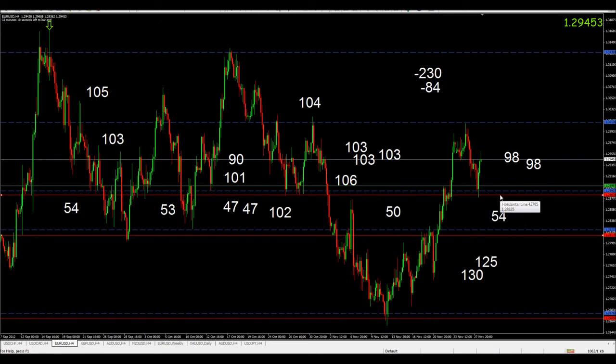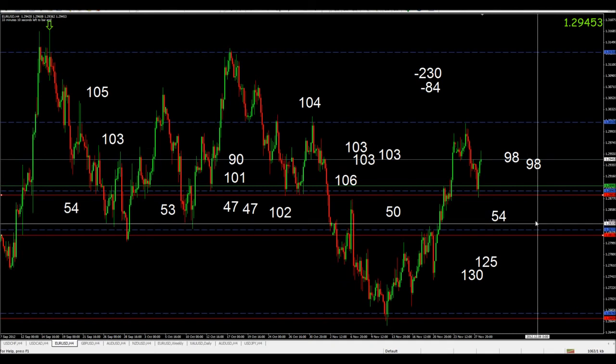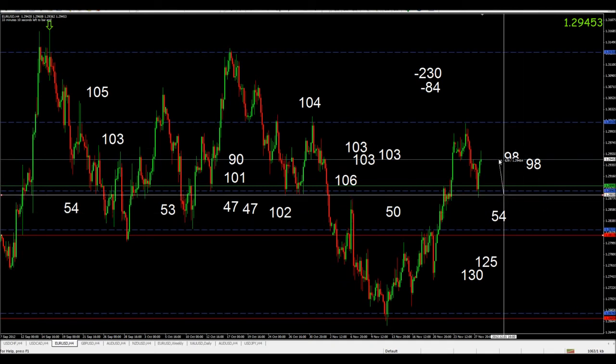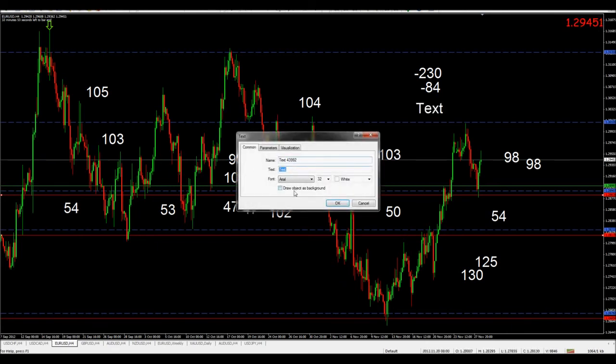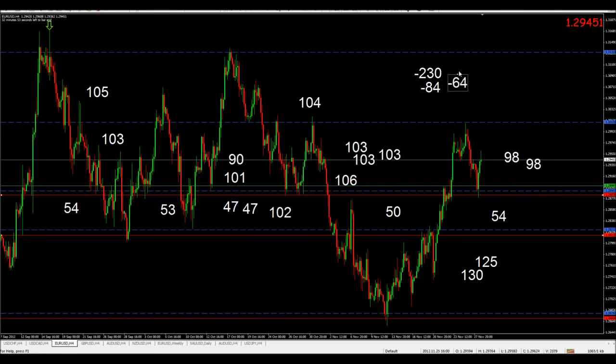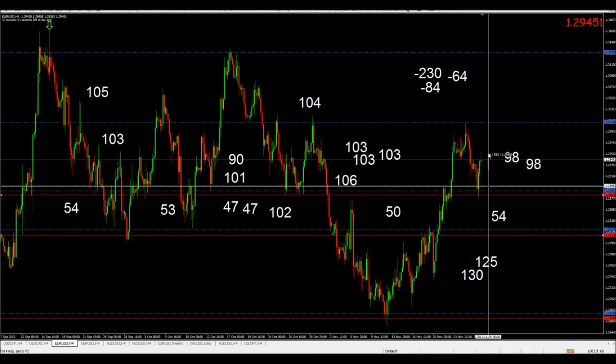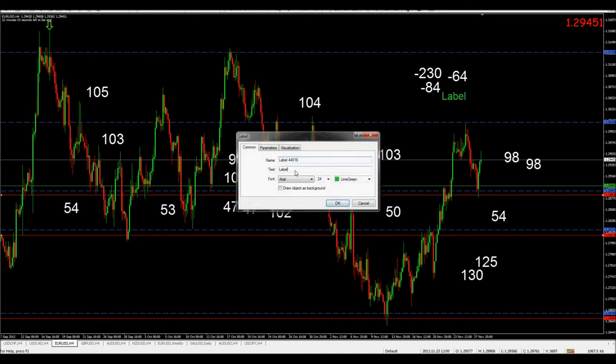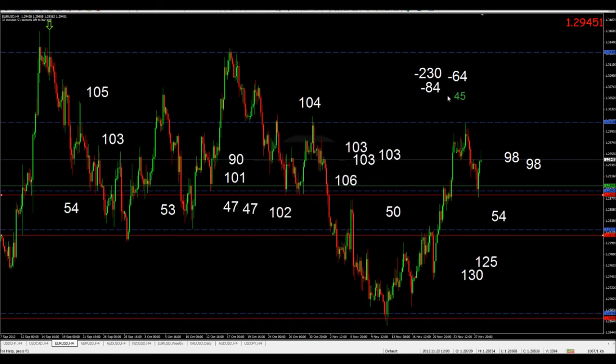And the other sell trade is minus 64. These are the open positions, by the way. And we have a buy trade which is about, I'm just going to say 45. Oh, I don't know why that went green, but it's okay.